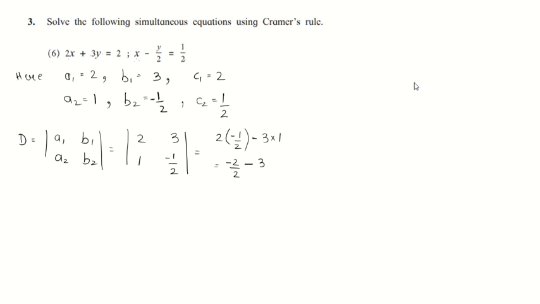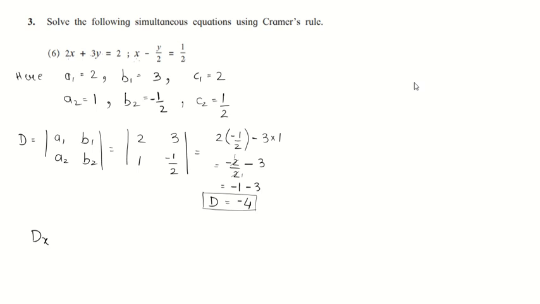So minus 2 upon 2 is nothing but minus 1, and minus 3. So minus 1 minus 3, sign of the bigger number, is minus 4. D is minus 4. You can take back the video and check the explanation again if you get confused here.